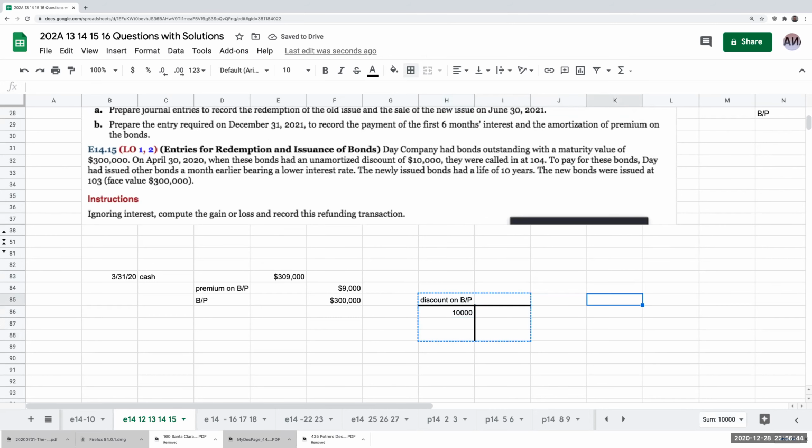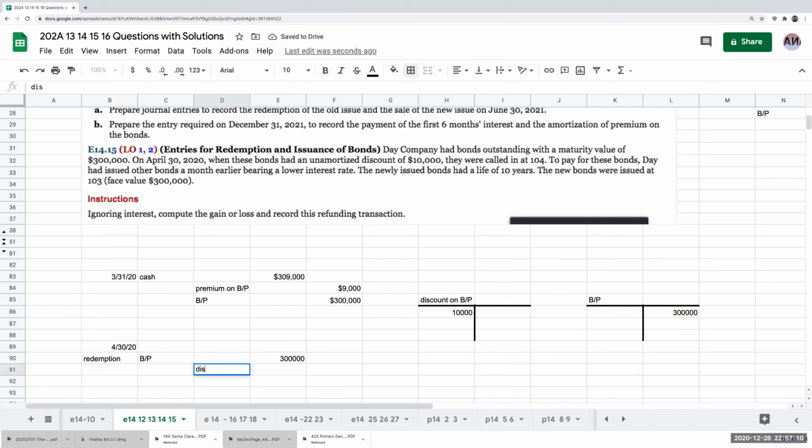And my bond payable was 300,000. Okay. So my redemption on April 30th, 2020, got to take the old stuff off the books. I'm going to debit bonds payable. This is going to be for 300,000.